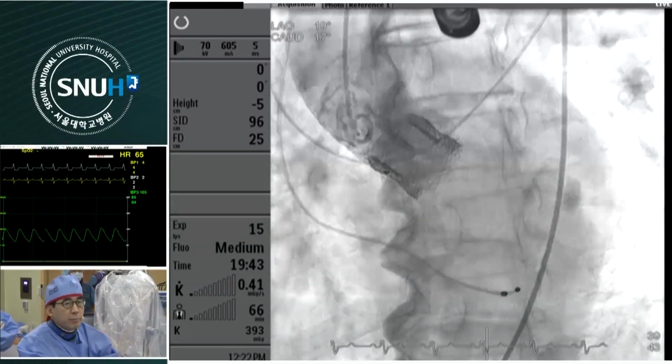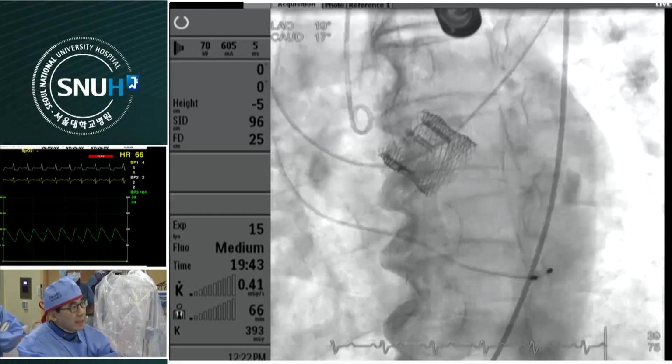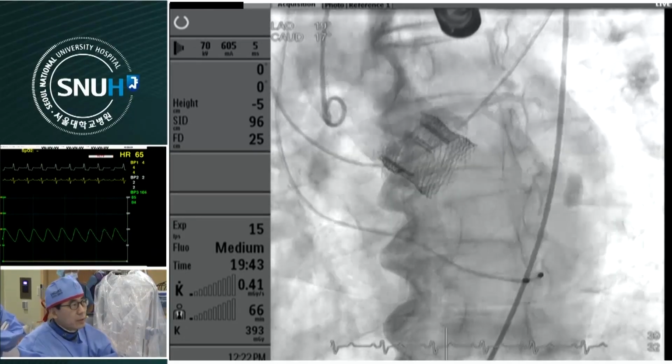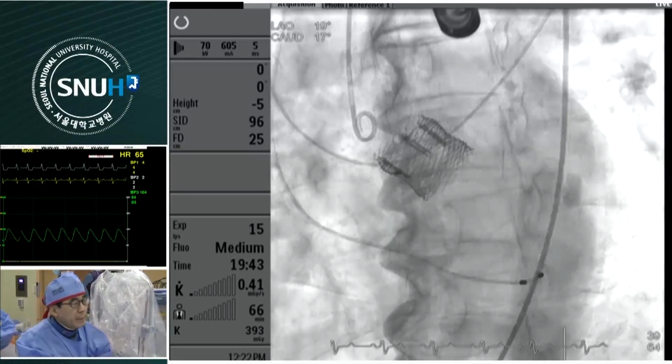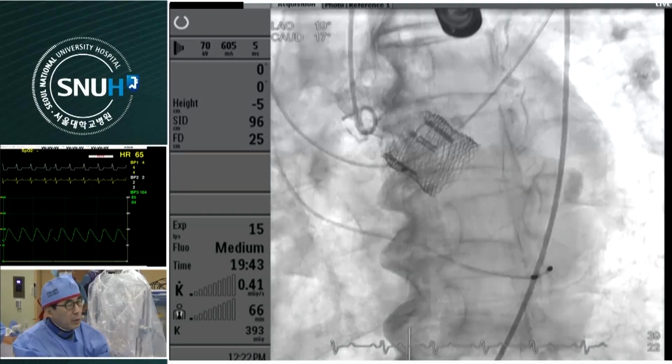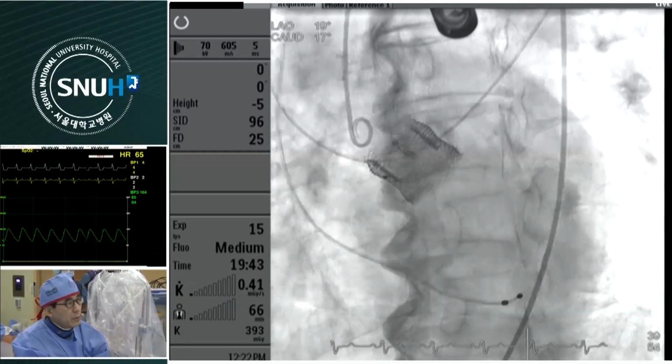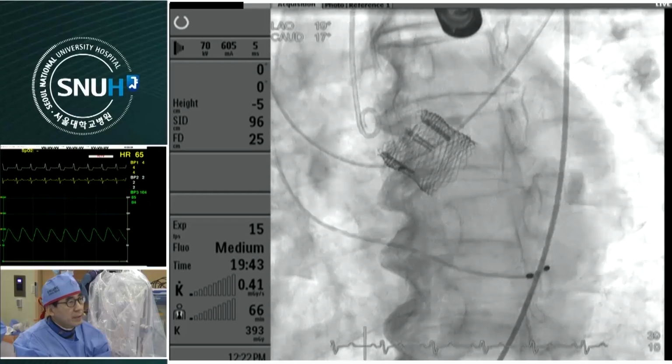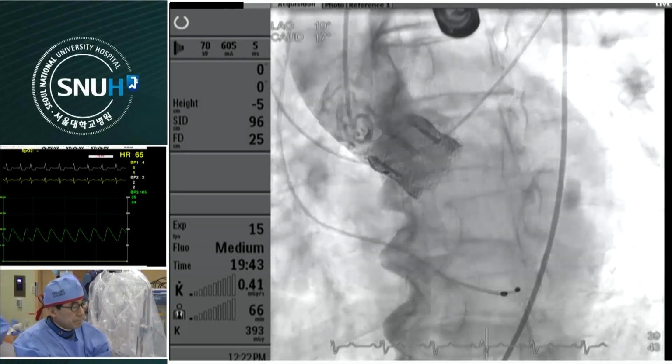LOTUS also used bovine pericardium. Thus, I think the durability of this LOTUS valve may be not inferior or maybe superior to the Core valve, which uses porcine pericardial tissue.